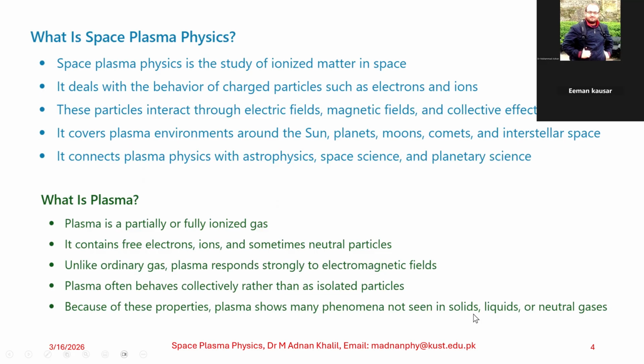So that's why we call it a fourth state of matter. Over this slide, we have seen where space plasma physics is relevant, and also that to understand these regions and the particle dynamics in astrophysics or planetary sciences, we need to know the concept of plasma, and plasma is nothing but the interaction of electrons and ions mutually through electromagnetic fields.